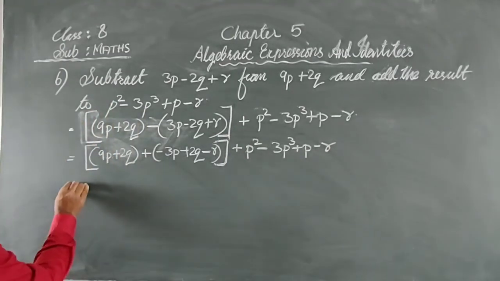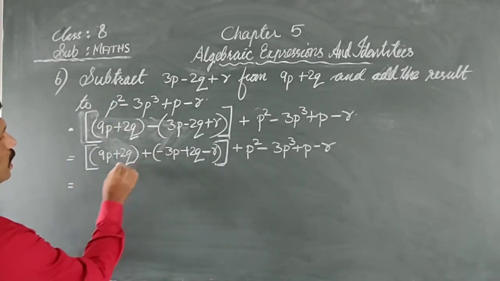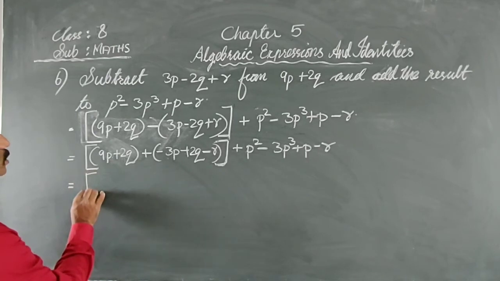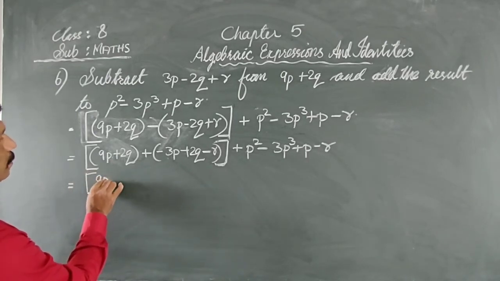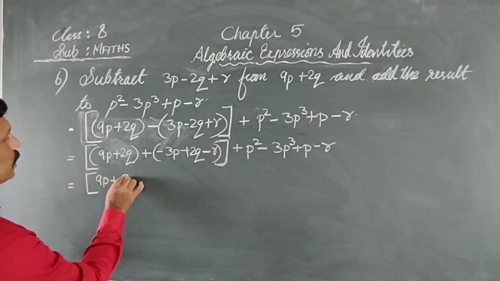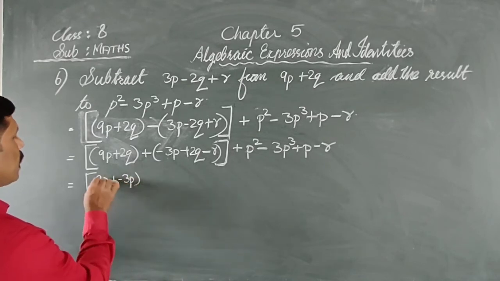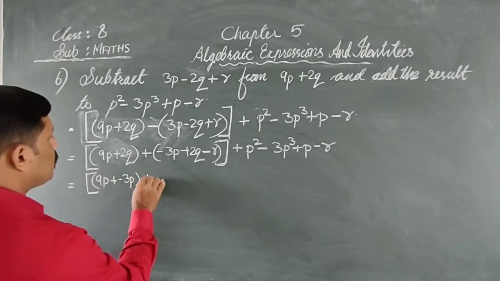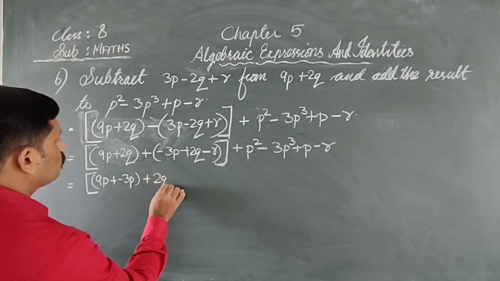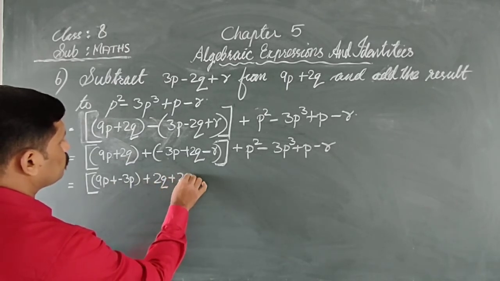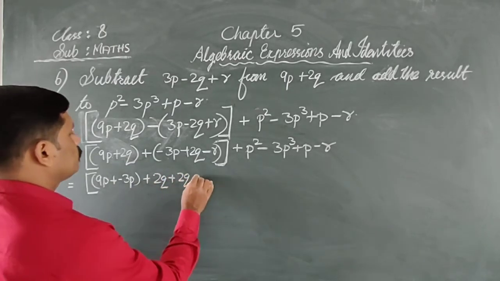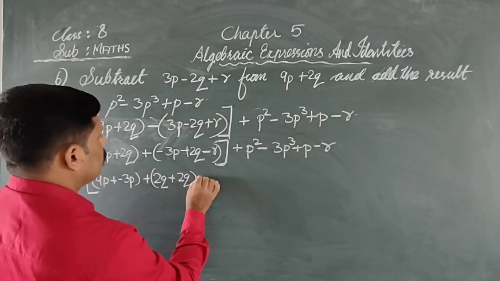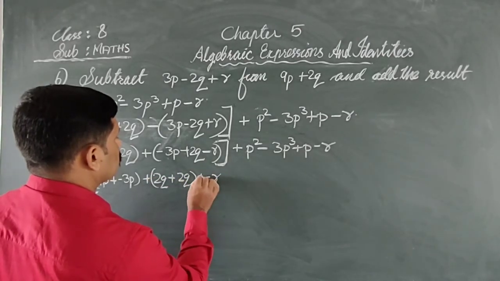Okay. Then next step we are selecting the like terms and grouping them. 9p plus negative 3p, they are like terms. Then plus 2q plus 2q, that is another like term. Then plus minus r.